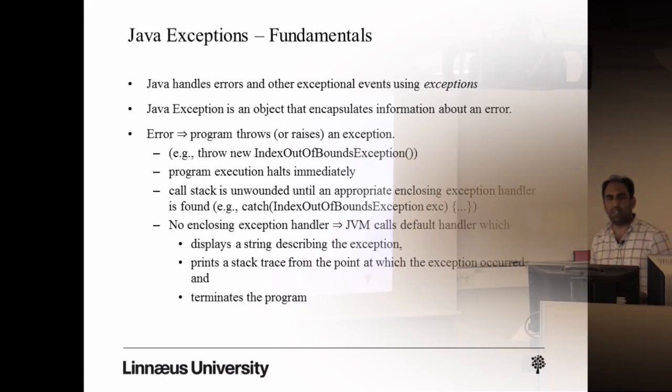Whenever there is an abnormal condition within a method, the method generates an object, and that object is of type Exception, and that object provides more information about the problem. So an exception is an object that encapsulates information about the problem or the unacceptable or unexpected event condition at runtime.